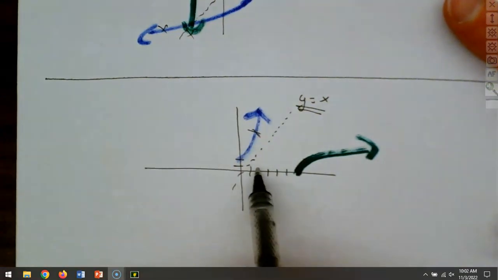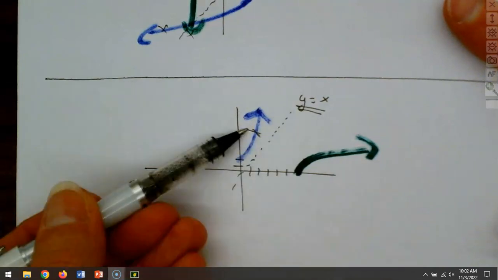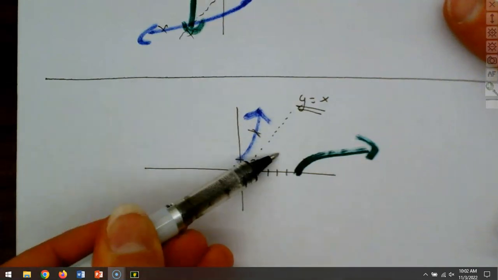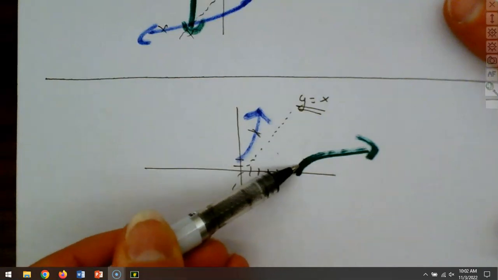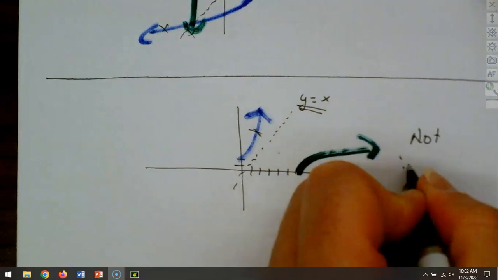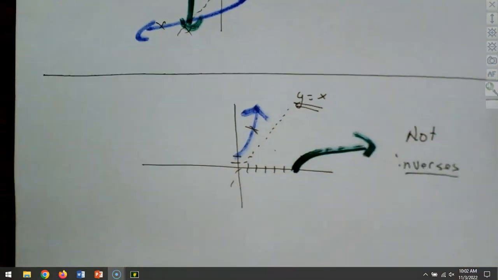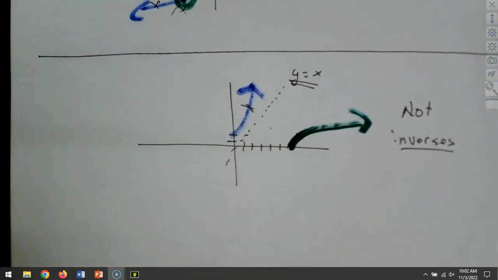No, because see, it would match up over here. This one, when I fold it across the dotted line, it makes it here. It doesn't map to the green one. So these are not inverses of each other, because for them to be inverses, you have to be able to fold across that line y equals x.